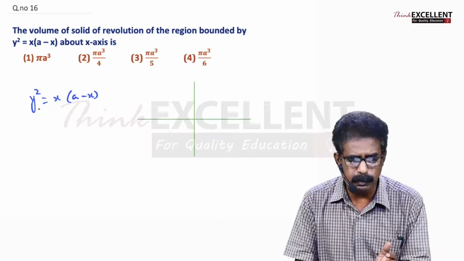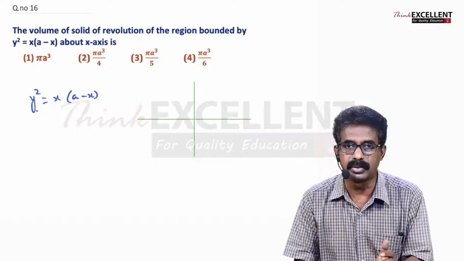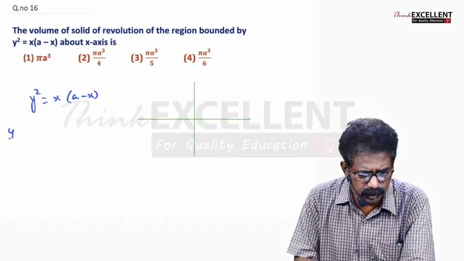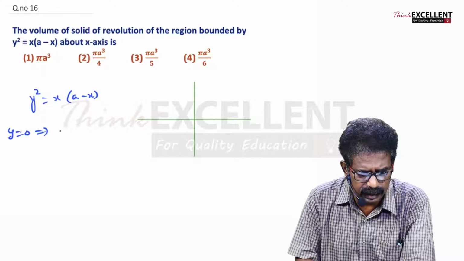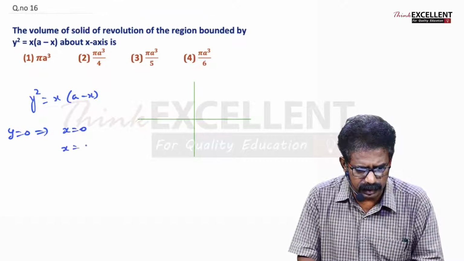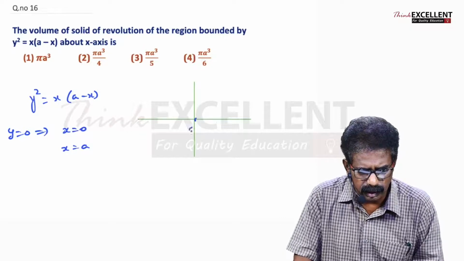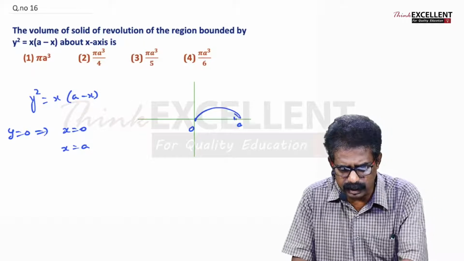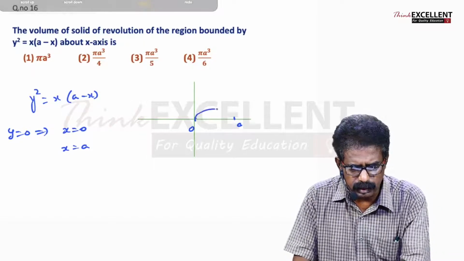So for y you put minus y, there is no change, so it is symmetric about x-axis. Where it cuts x-axis, you put y equals 0. When you put y equals 0, you are getting x is equal to 0, another value x equal to a, symmetric about x-axis. So whatever you get above, same thing you should get below also.